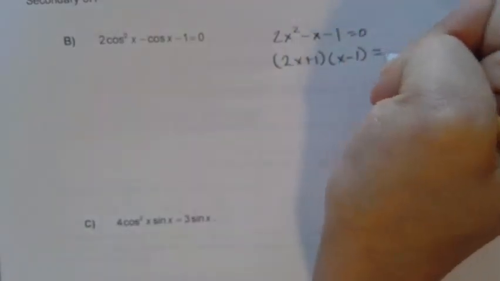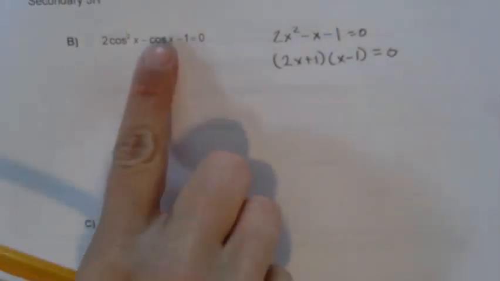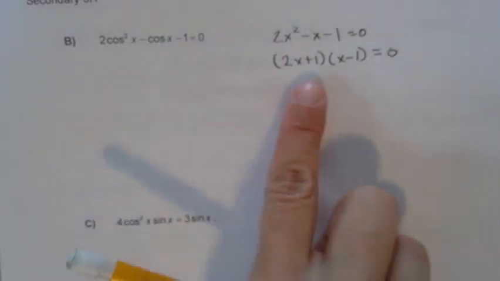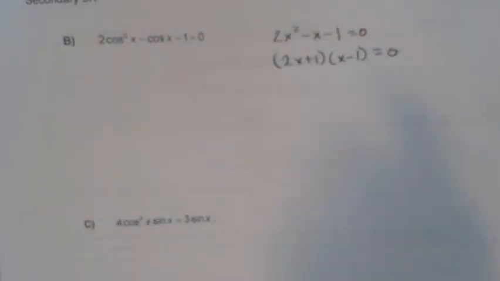But of course, according to our original question, we did not have x, we had cosine x. So I'm going to replace our x's with cosine. So actually I have 2 cosine x plus 1 times cosine x minus 1.